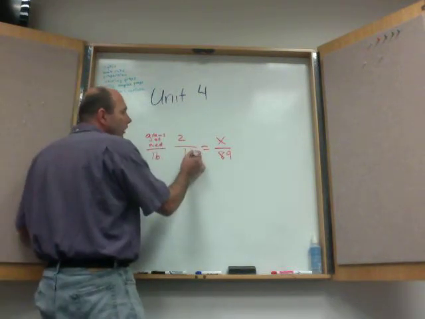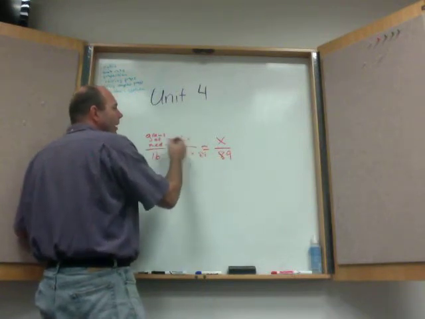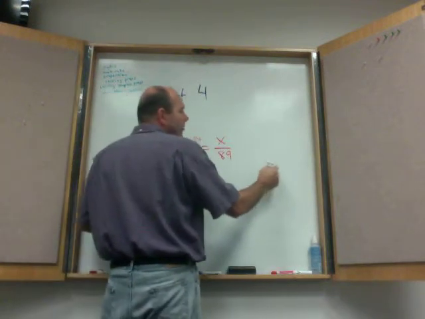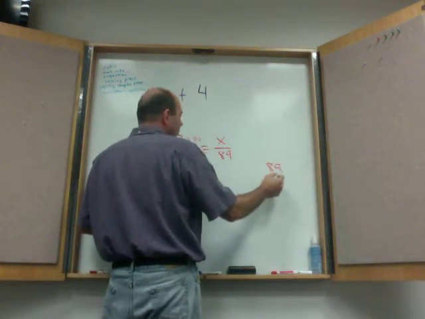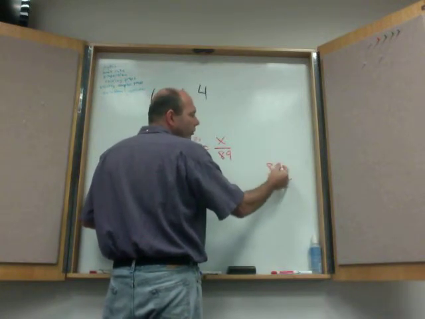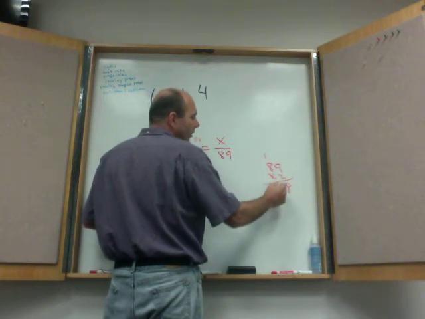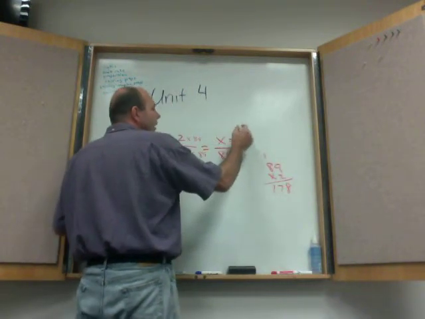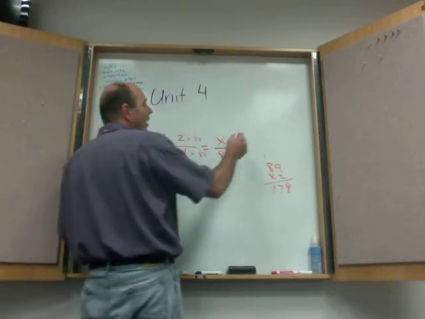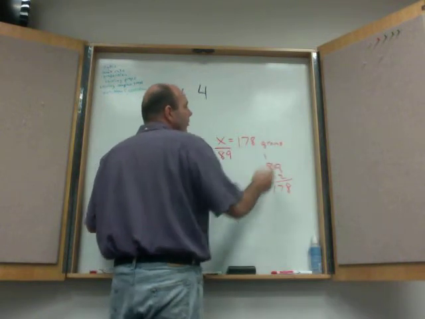Well, I multiplied my denominator by 89 to get to 89, so I have to multiply my medication by 89. 2 times 89, it might be easier just to add them twice, 89 plus 89, but I'll go ahead and multiply. 2 times 9 is 18, carry a 1. 2 times 8 is 16, plus 1, 17. So I need to give that patient who weighs 89 pounds 178 grams of this medication.